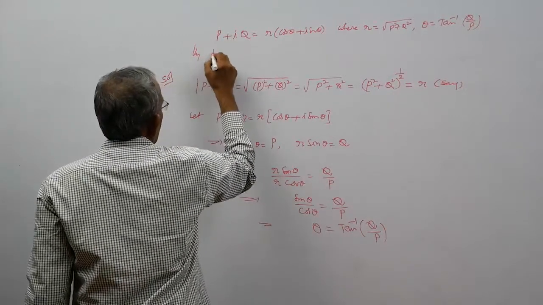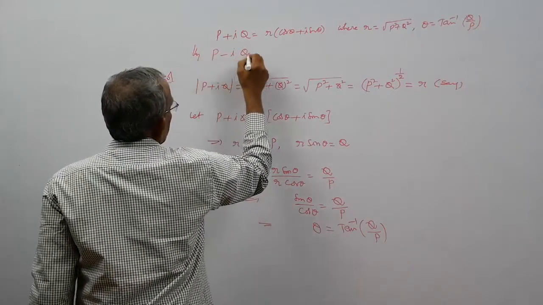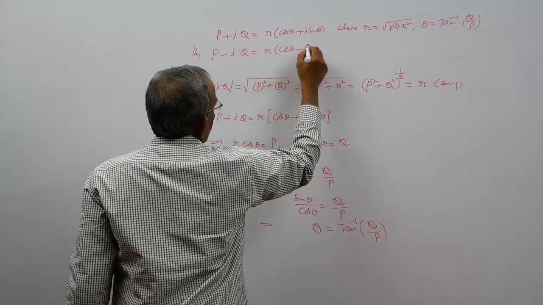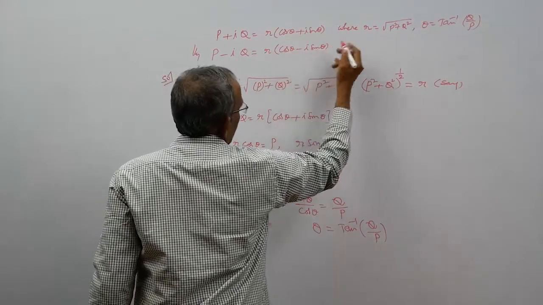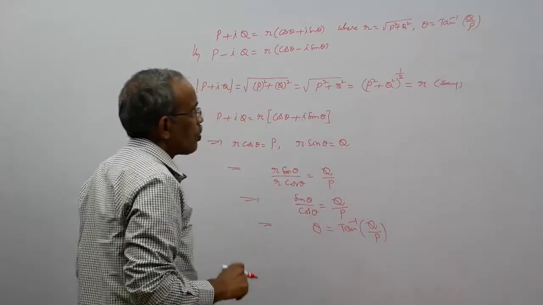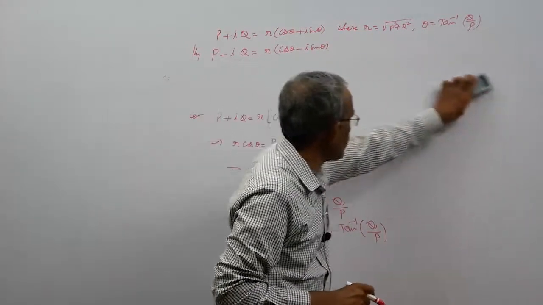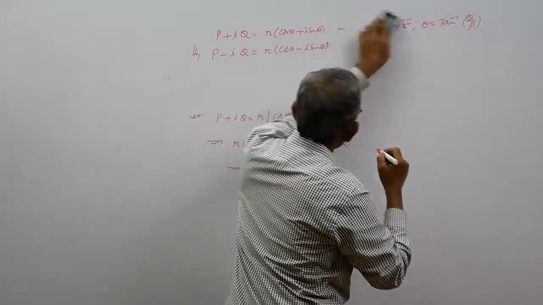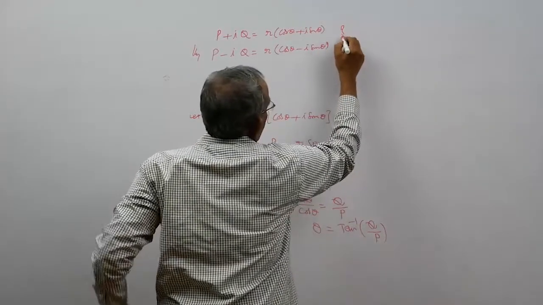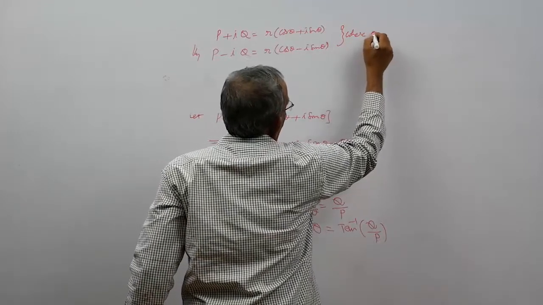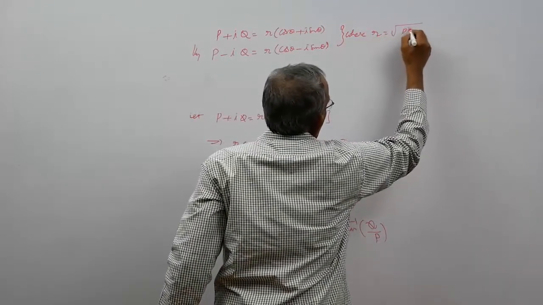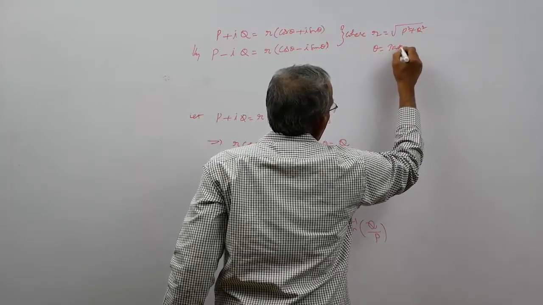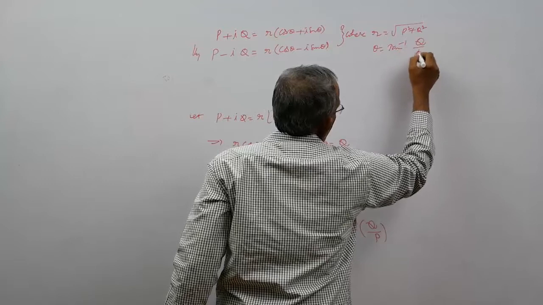Similarly, p minus iq is equal to r into cos theta minus i sin theta, where r is equal to root of p square plus q square and theta equal to tan inverse q by p.